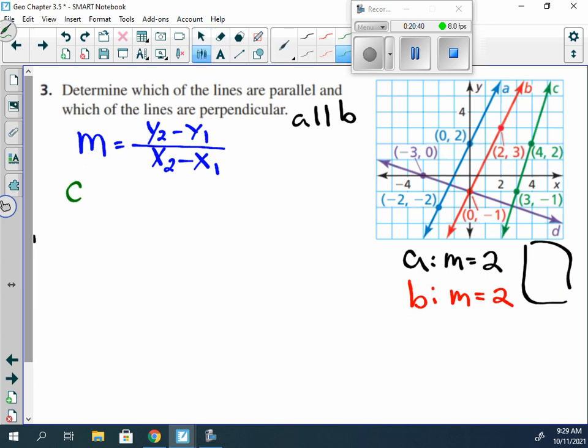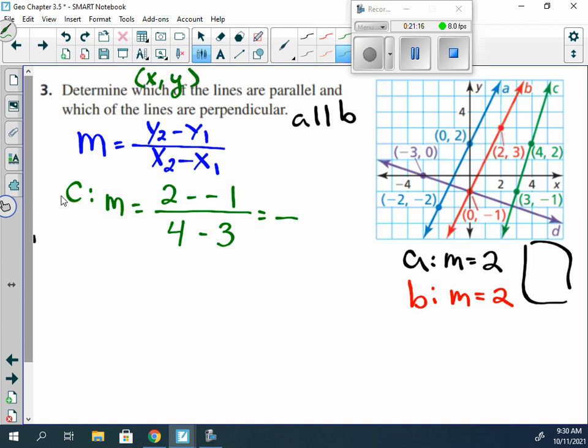Let's look at line C. Now the 2 points for line C are (4, 2) and (3, -1). So the y values are what? 2 minus -1. And the x values, since we use 2 first, its x value is 4 minus 3. Because again, with any point, it's always going to come in the form x comma y.